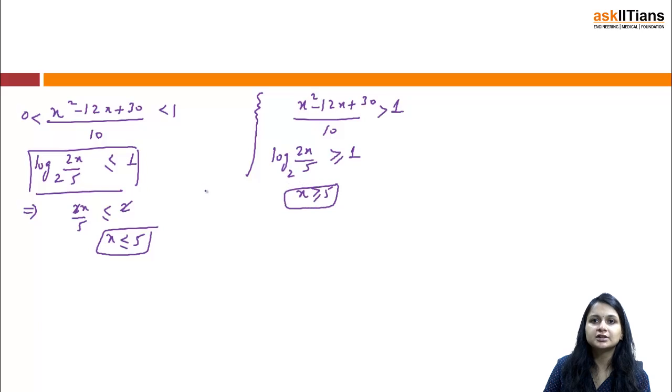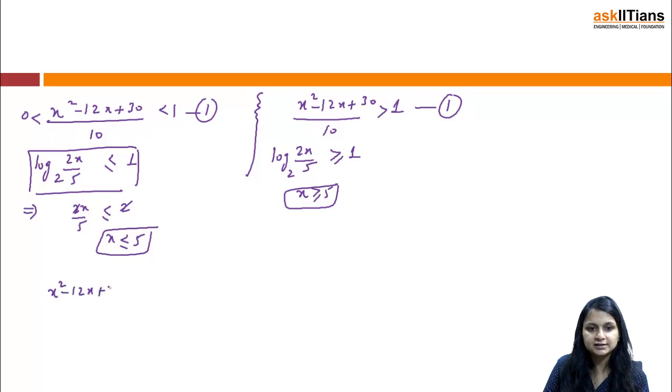But then I have to solve the first inequality also in both the cases. Let's see what the first inequality gives. It gives me x square minus 12x plus 30 should be greater than 0, and also x square minus 12x plus 30 less than 10, so that becomes x square minus 12x plus 20 less than 0. I have these two conditions.